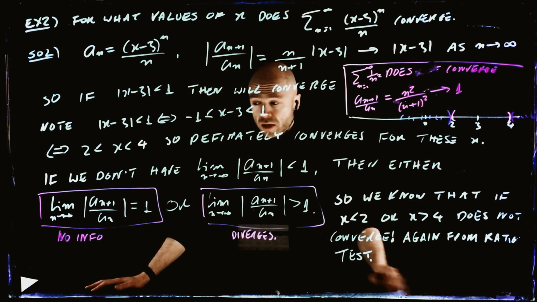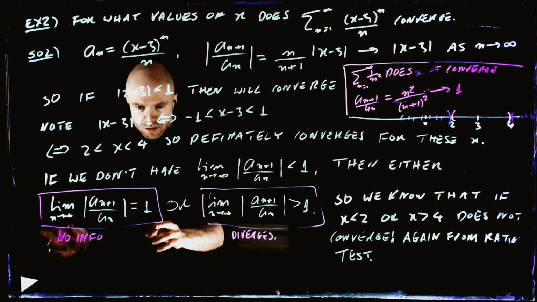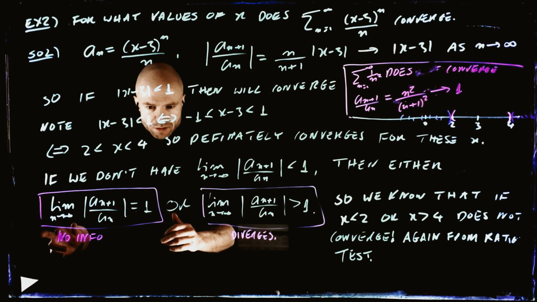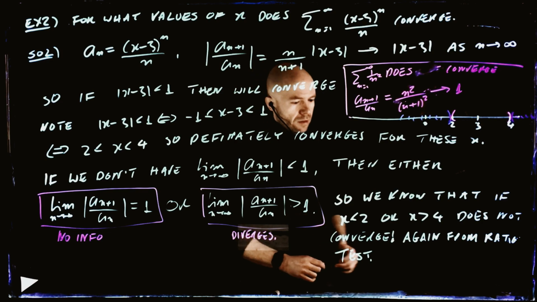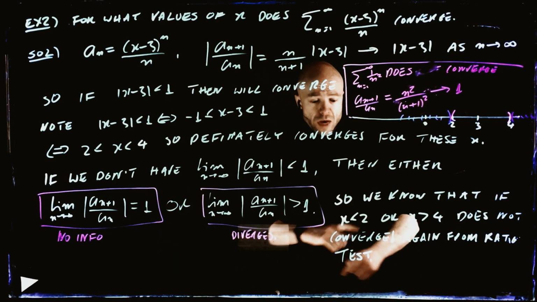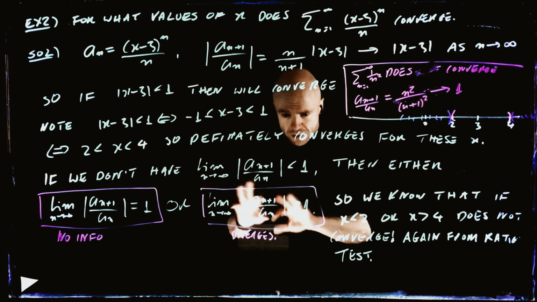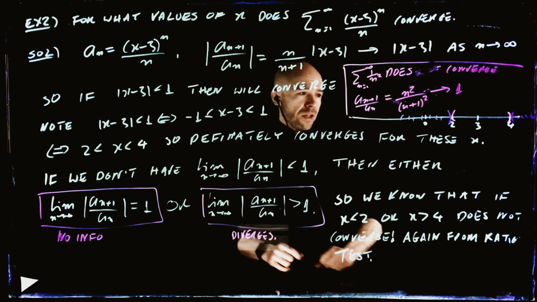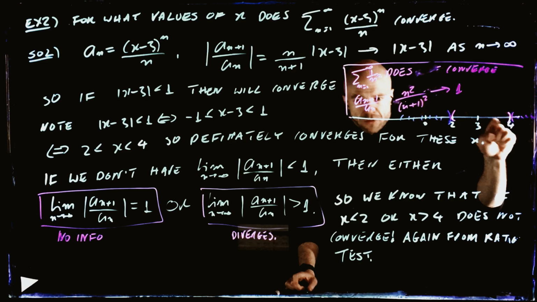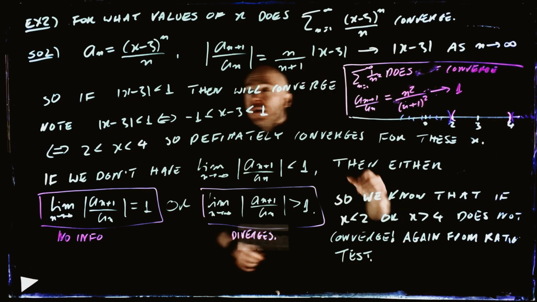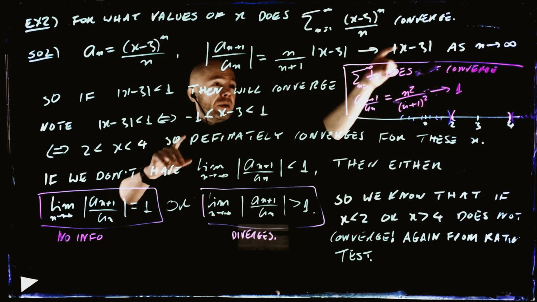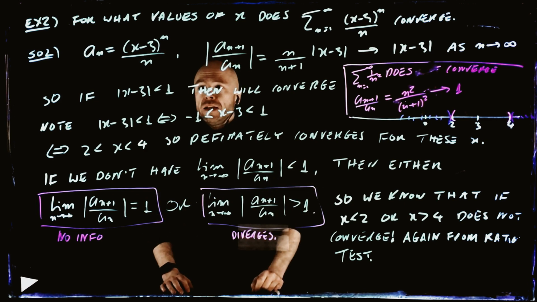We don't know anything about 2 and 4. When x is either less than 2 or bigger than 4, we're in the territory where it definitely doesn't converge. If x is strictly between 2 and 4, the limit is less than 1, and then it does converge.